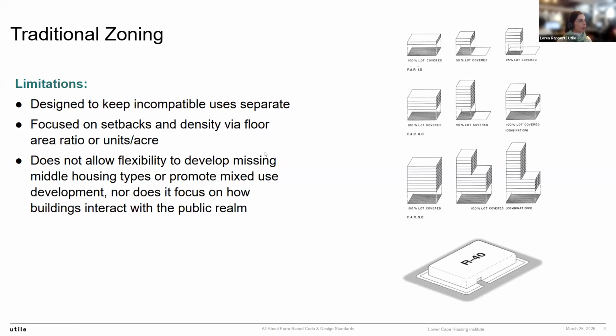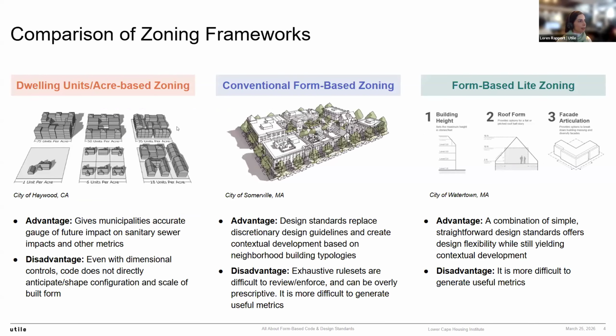So if we think about it relative to what I'll call conventional form-based zoning and form-based light zoning, traditional zoning does have some advantages and disadvantages. The advantage is that it is easier for municipalities to get an accurate gauge of future impacts on key metrics like sanitary sewer, et cetera, because they're able to use FAR to get a clear sense of the projected capacity or build out of what the zoning will provide.